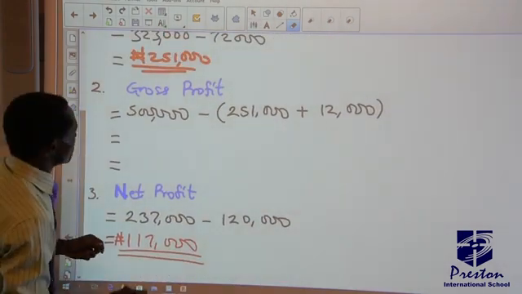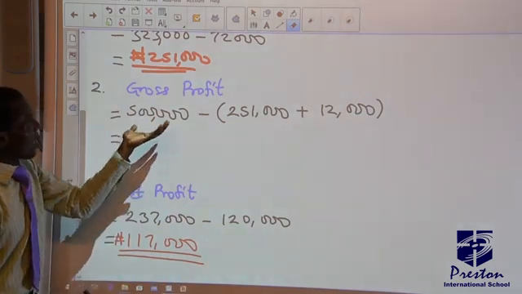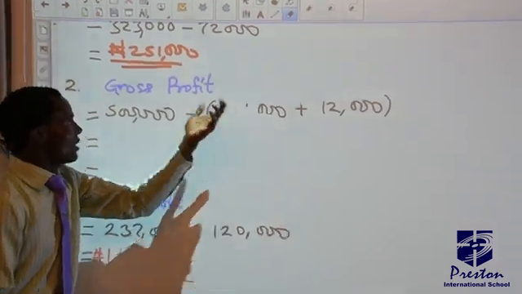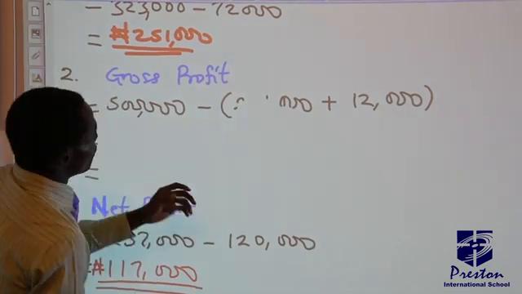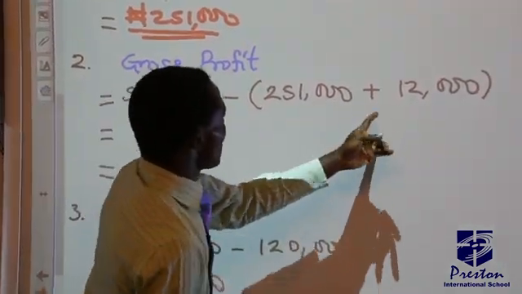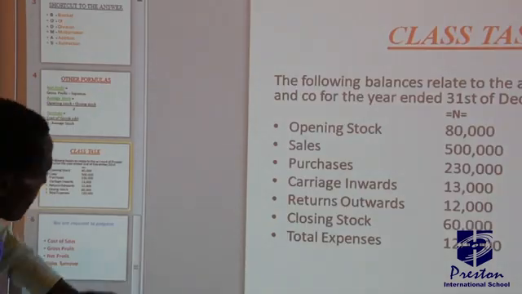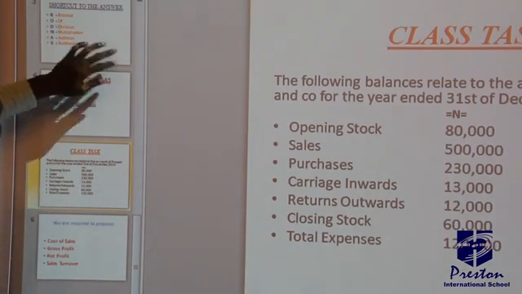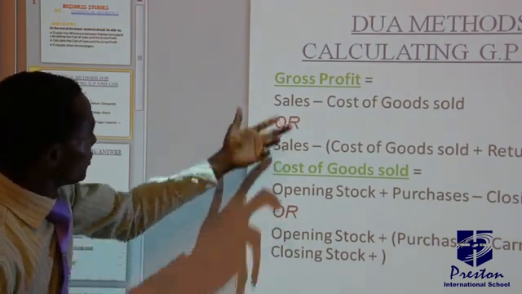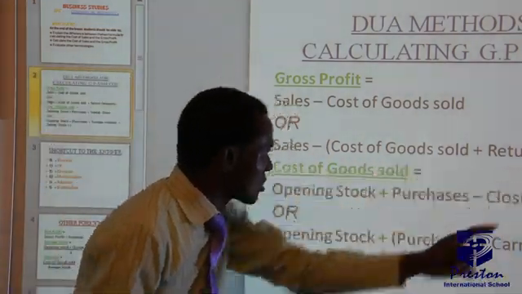Under the gross profit, we have our sales minus our cost of goods sold. We have our sales and our cost of goods sold, which must be added to our returns outwards. Now let's check it one more time. Here we go. Our gross profit gives us sales minus cost of goods sold plus returns outwards.